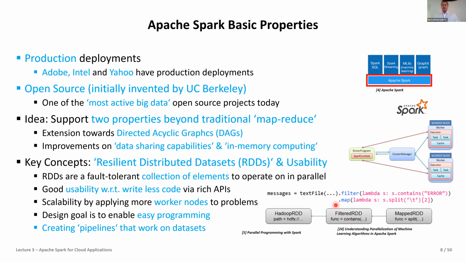You have a very high-level way of implementing this. For instance, here's a filter. You want a text file, let's say a log from some website, which has maybe several terabytes, and you want the answer in 1 minute. So you just say, okay, search me all the errors, map that out, and give me a nice list. So you have here a very nice Python way of implementing it.